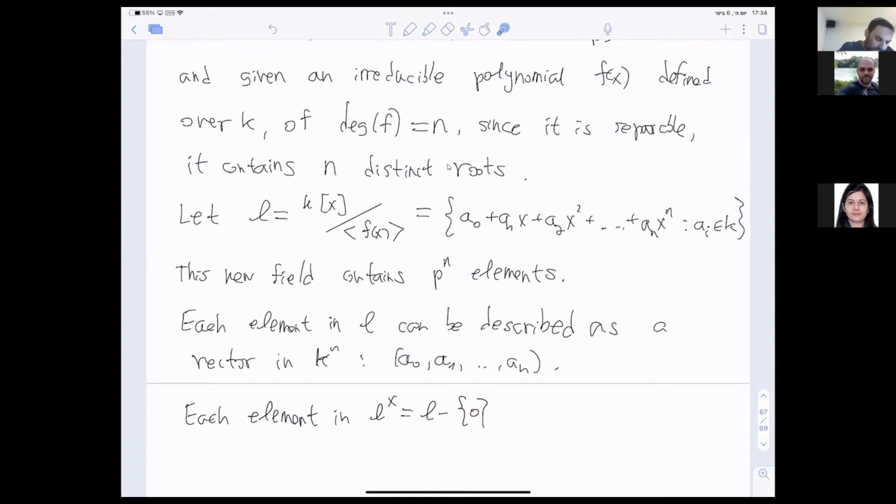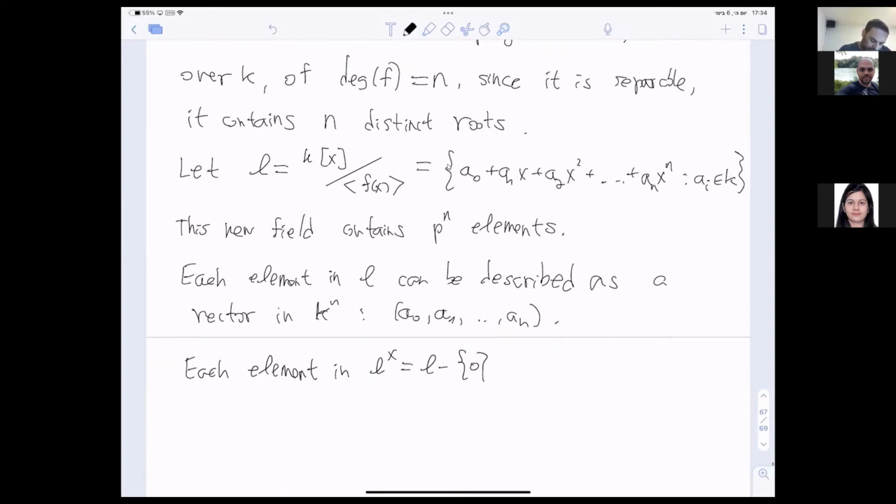Okay, so each element gives rise to an automorphism of L. Let's write it like this. Suppose we have this L star, and suppose we have an element X here.